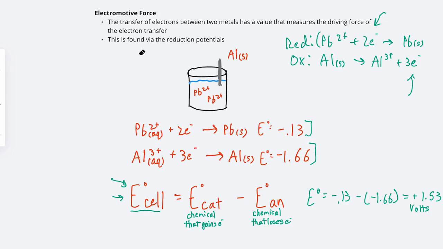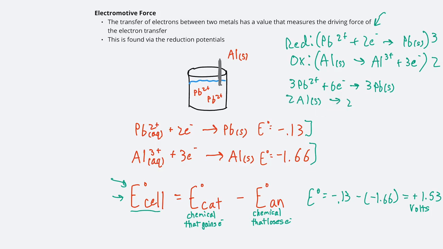To get the top reaction to be 6 electrons, we need to multiply that by 3. To get the oxidation half reaction to 6 electrons, we need to multiply that by 2. Your reduction reaction becomes 3 lead 2 plus plus 6 electrons, gives you 3 solid lead. Your oxidation reaction becomes 2 solid aluminum, turning into 2 aluminum 3 plus plus 6 electrons.